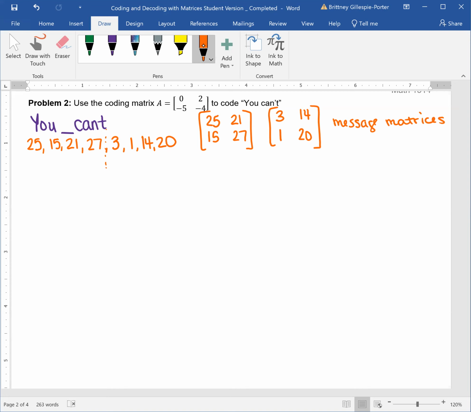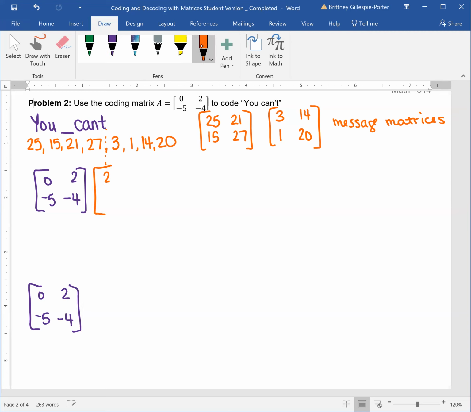And we need to multiply them both by our coding matrix A. So we're going to take A, which was 0, -5, 2, -4. And we're going to do 2 different multiplications because we have 2 different parts to our message.